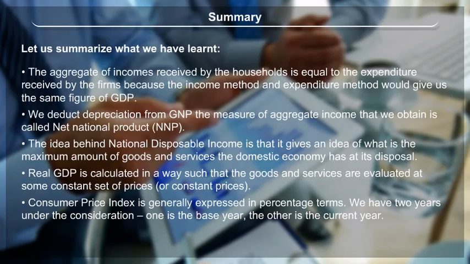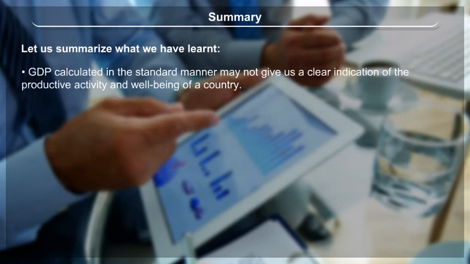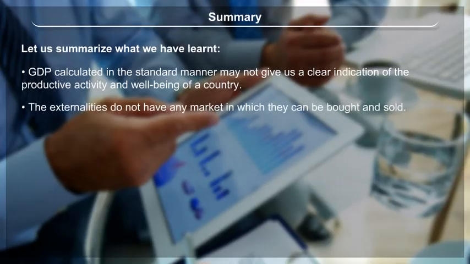One is the base year, the other is the current year. GDP calculated in the standard manner may not give us a clear indication of the productive activity and well-being of a country. The externalities do not have any market in which they can be bought and sold.